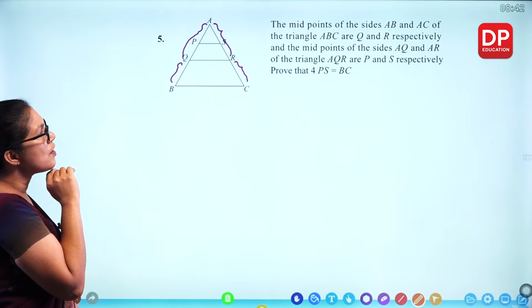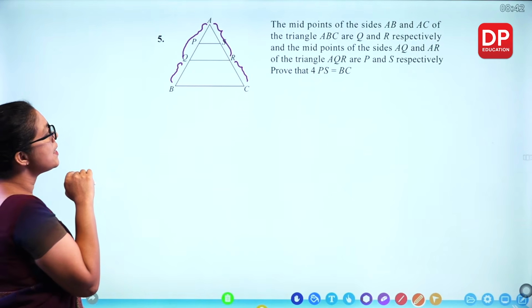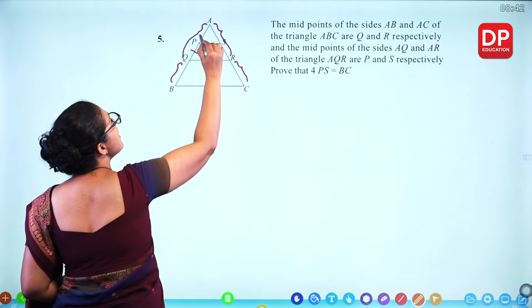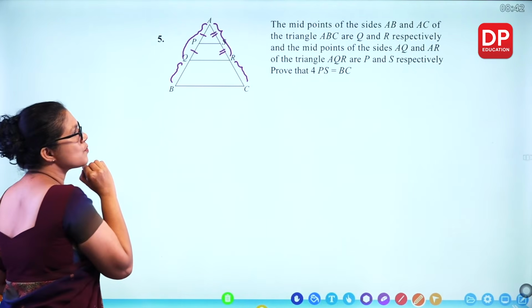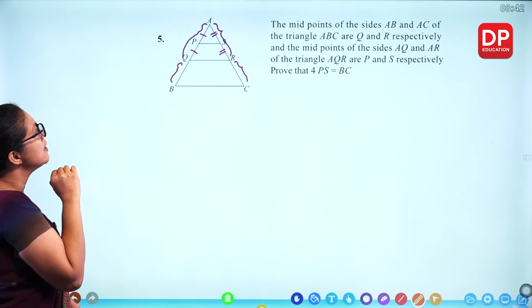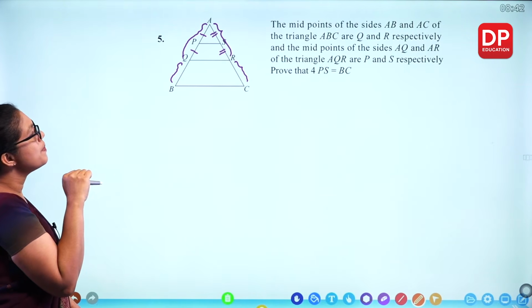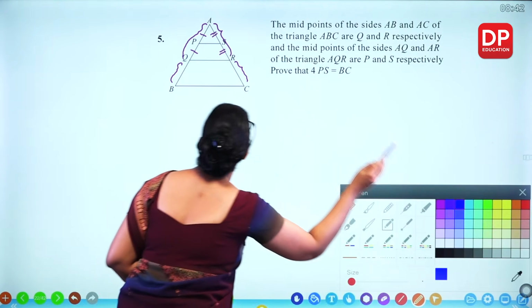And the midpoints of the sides AQ and AR of the triangle AQR are P and S. This length is equal to this one. This length is equal to this one. Prove that 4PS is equal to BC.